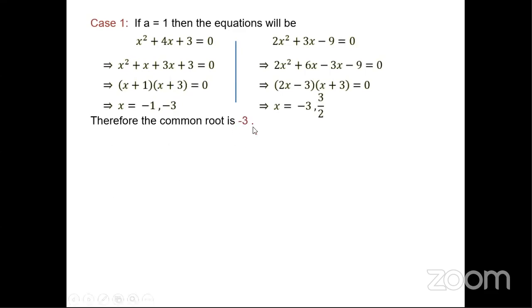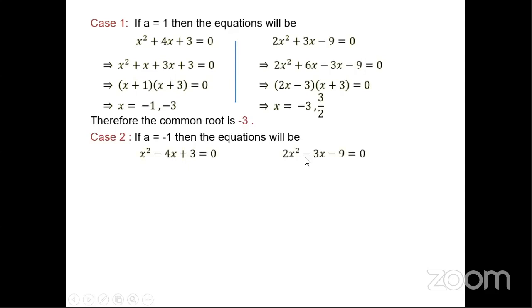Now let us look into the second case, when a is equal to minus 1. When a is equal to minus 1, your first equation becomes x square minus 4x plus 3 is equal to 0, and the second equation will be 2x square minus 3x minus 9 is equal to 0. Let us simplify our first equation.